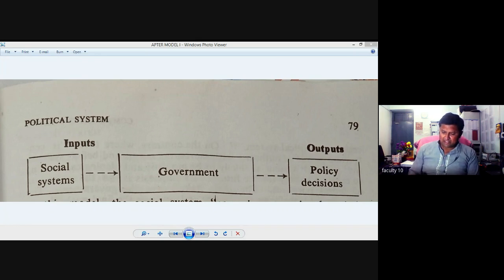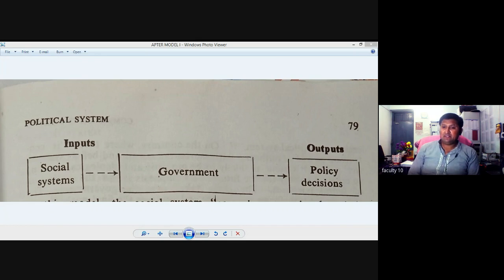Hence government is an instrument of tension reduction, and government reduces and resolves the crisis by maintaining sound relation between the official system and appropriateness of the policy decision, right? So the government will be successful in handling the conflict in the social system only when the government maintains a sound relation between the official system and rules.